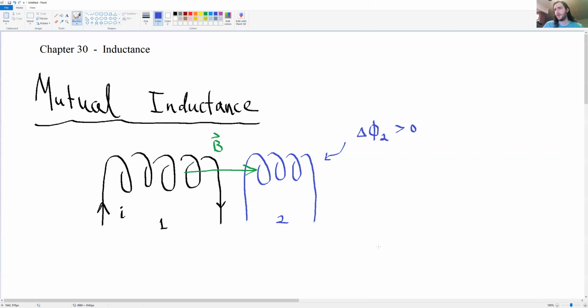Well, quickly, before we talk about that, let's get warmed up with our right hands, because we can always use the right hand rule to figure out the direction. So if B is increasing in this direction here in solenoid 2, what is going to be the direction of the induced magnetic field? That is a question for all of you. What is going to be the direction of the induced magnetic field in coil 2?